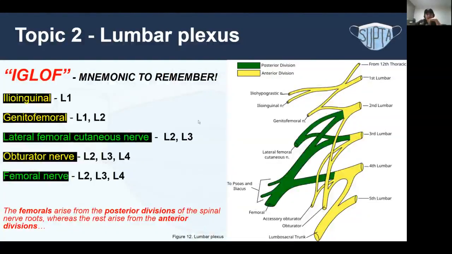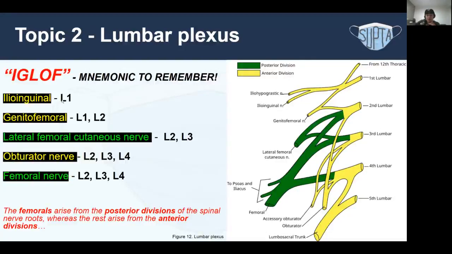Now, to start off with the lumbar plexus, the way I remember this is always IGLOF, and you may have a similar mnemonic. I want to help you visualize what these nerves are, because usually they'll just tell you these are the nerves and these are the numbers, but you don't really know what those numbers mean. Well, you can see relative to where the spinal nerve arises from the spine, where it branches off and forms these specific nerves.